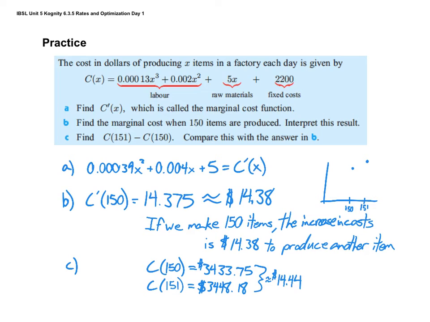And you've got this curve going on here, looks something like that. We can see it's increasing. What C prime of 150 gives us is the slope of this tangent line.